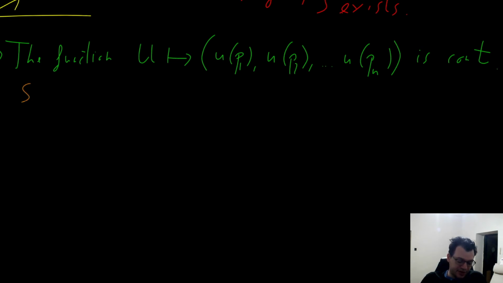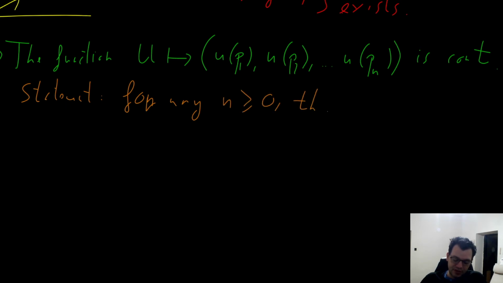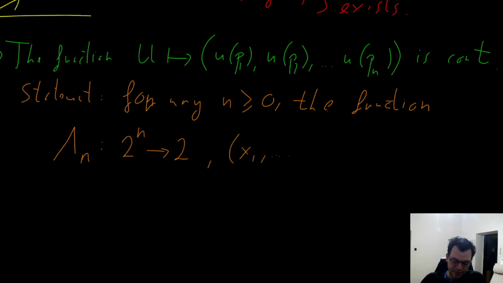So for any integer n, the function n-ary conjunction, so it's just 2 to the n to 2, taking x1, xn to their conjunction.